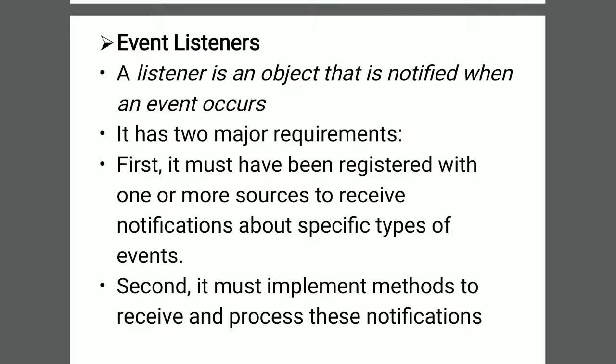When a particular event is registered, it will be notified by the event listener. Second, it must implement methods to receive and process this notification. That indicates that when a particular event is generated, what to do with that notification must be implemented and processed.